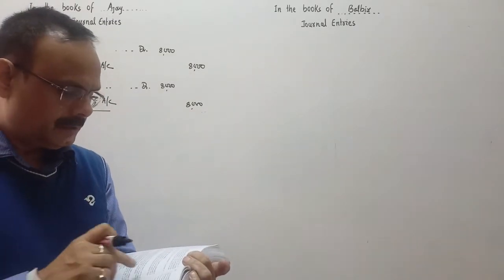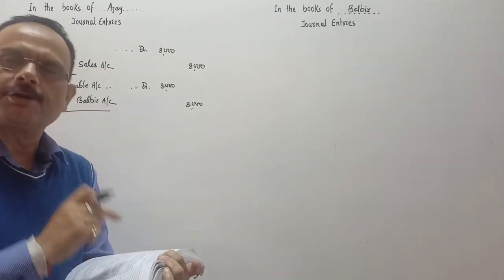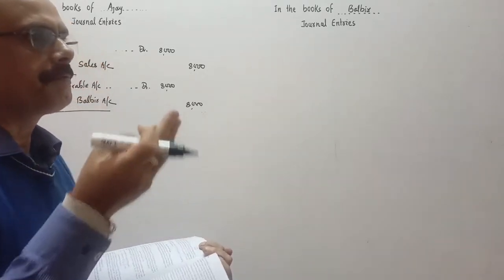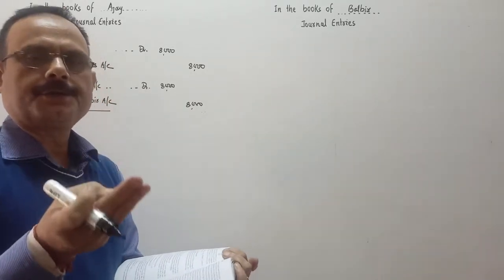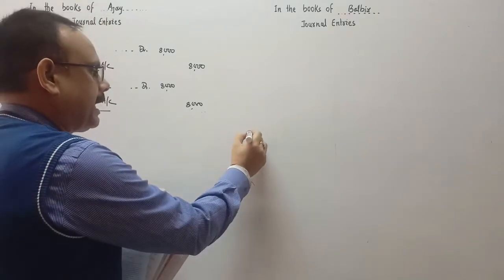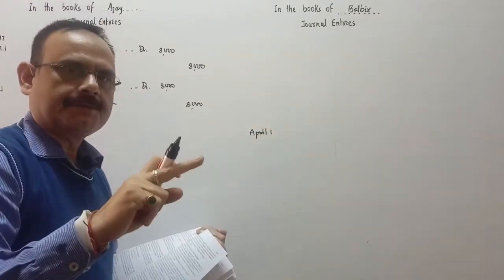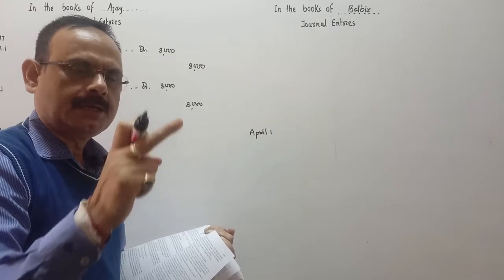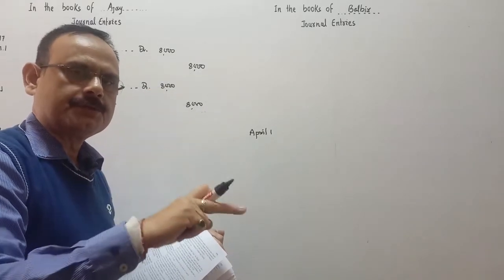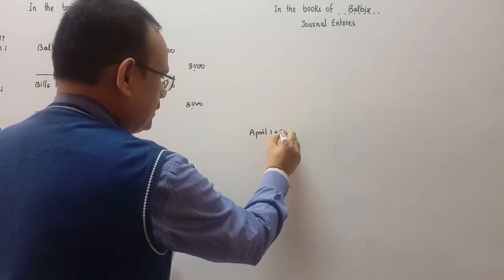This bill is of 3 months, and for a bill drawn on January 1st, you count 3 months: January 1st to February 1st is 1 month, February 1st to March 1st is the second month, March 1st to April 1st is 3 months, plus 3 days of grace.